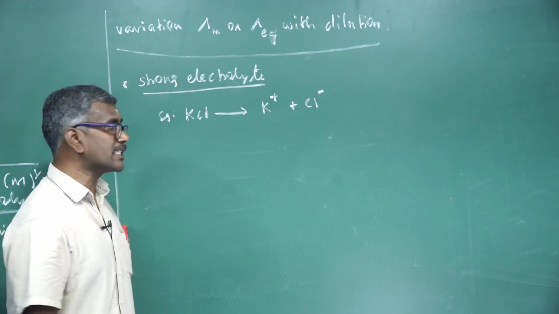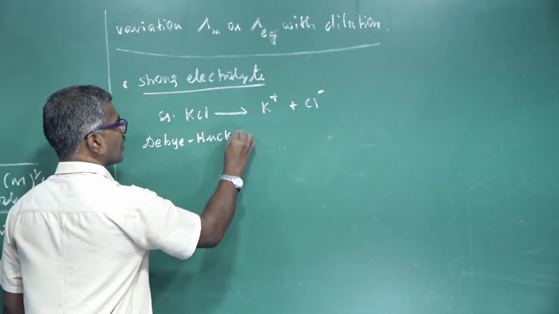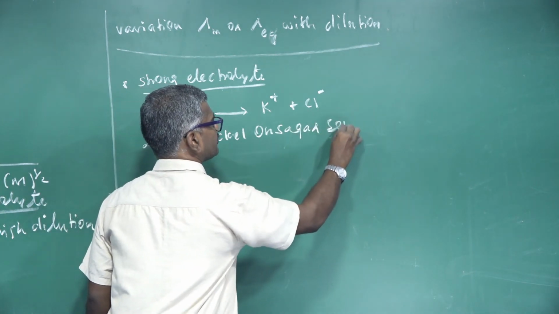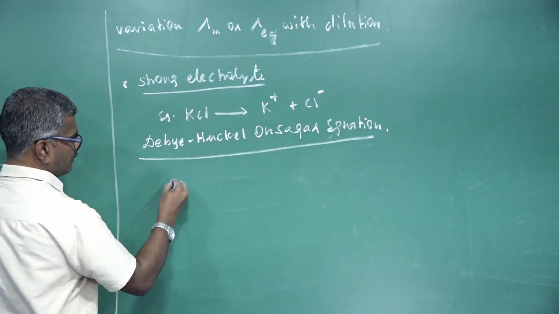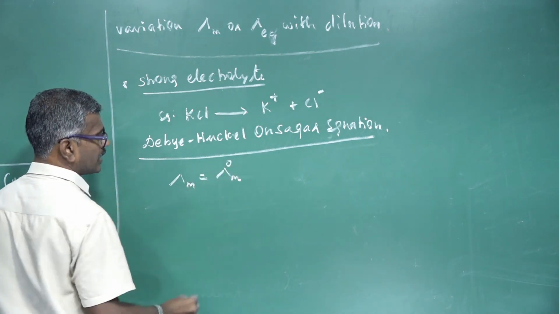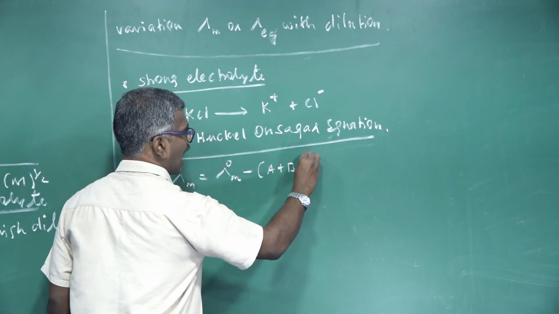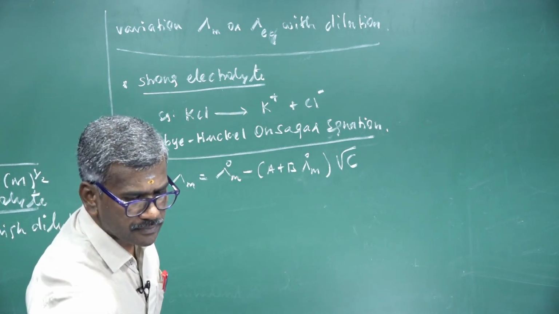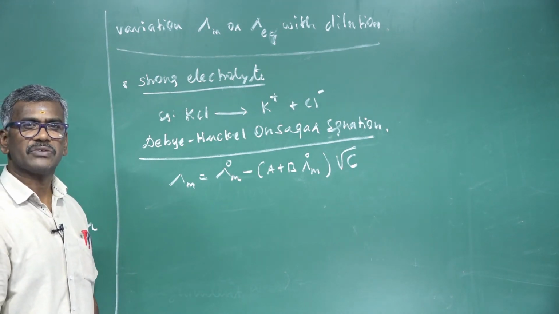This can be explained by the Debye-Huckel-Onsager equation. In this equation, molar conductance is equal to molar conductance at infinite dilution minus A plus B times molar conductance at infinite dilution times square root C. Here C is the concentration, and lambda m naught is the molar conductance at infinite dilution.